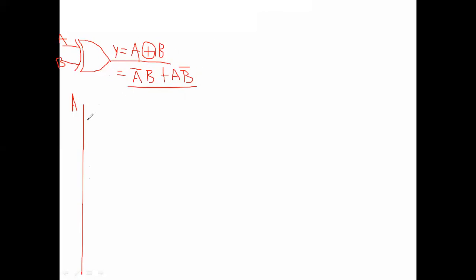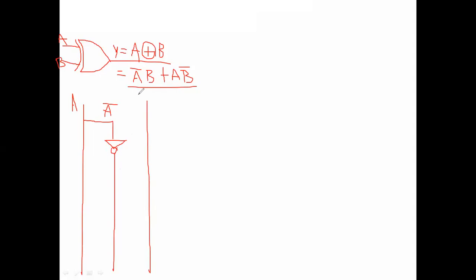If you connect a NOT gate to this A, then that becomes A bar. So this line belongs to A bar.